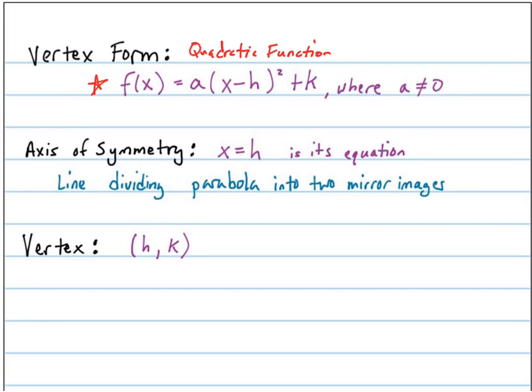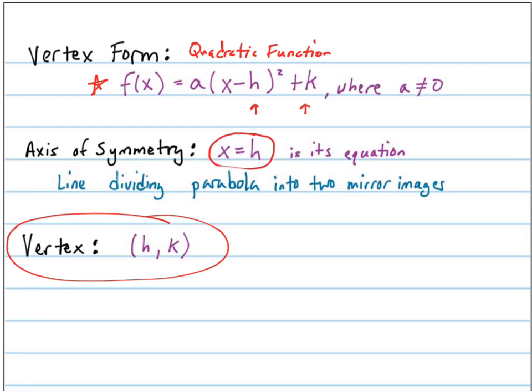And what you have to recognize is that the vertex, the reason they call it vertex form, is because the h and k make up your vertex point. The axis of symmetry, that line that cuts the parabola into two mirror images, is just x equals the h value, or you can think of it also as the x value of your vertex point.